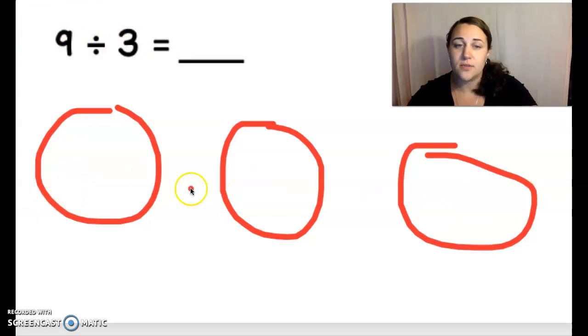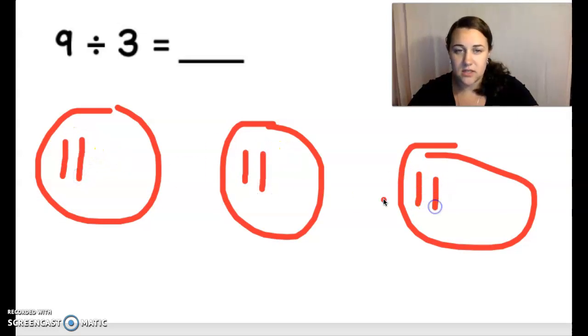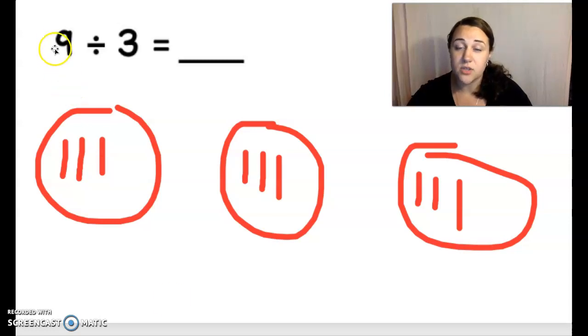So I have my 3 groups, so now I count 1, 2, 3, 4, 5, 6, 7, 8, 9. 9 is my number, so I stop at 9. Now I have my 3 groups and I spread the 9 out equally.